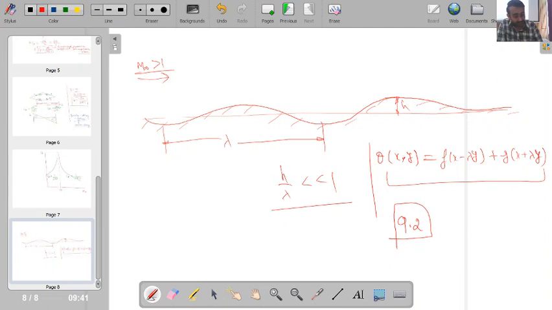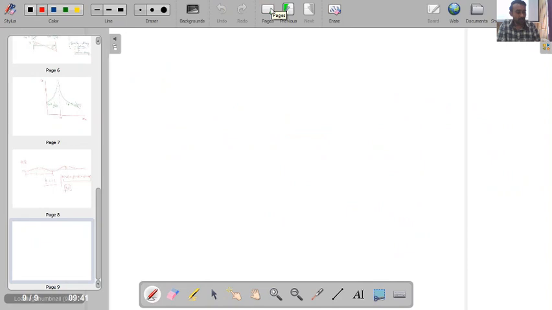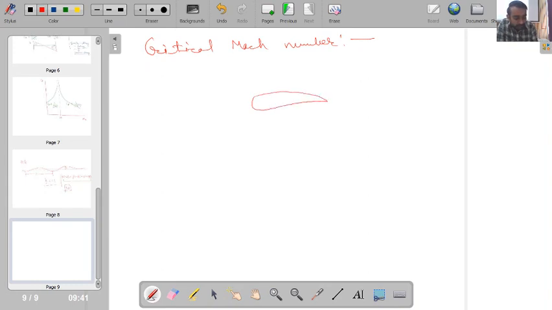Now comes one important concept, which is called the concept of critical Mach number. Okay, so what is critical Mach number? Say I have an aerofoil like this. Here say I have free stream flow with some value of M infinity.